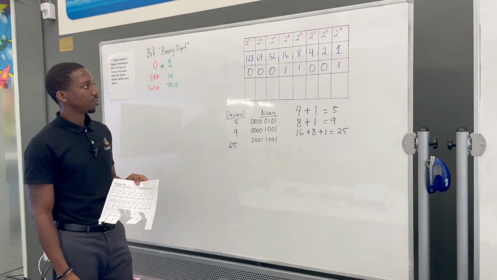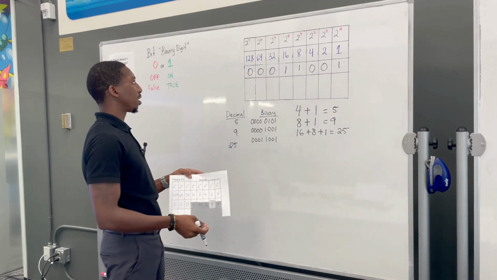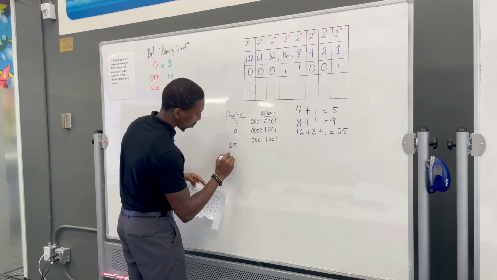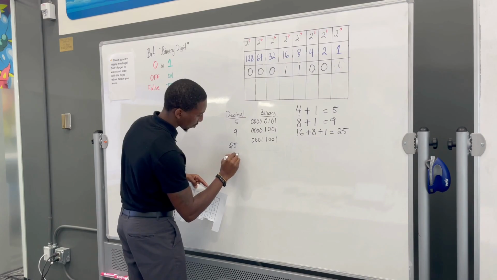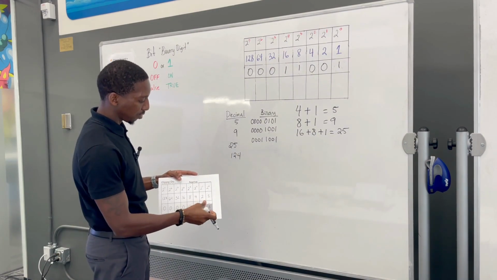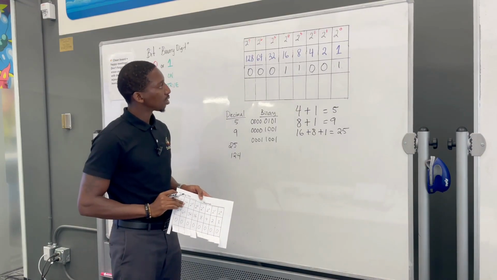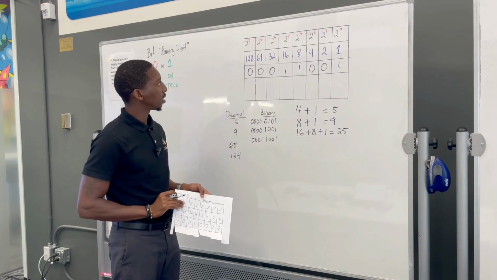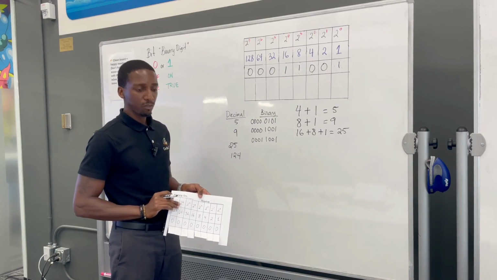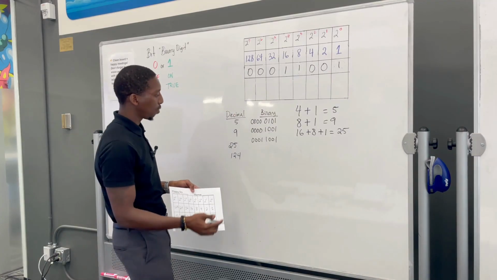Okay, now for practical purposes, let's do one more. Let's do 124. It's a big number. All right, so let's reset our Flippy Do. In doing so, again, let's think about it. 128 is bigger than 124, so therefore we go to the next number. So 64.